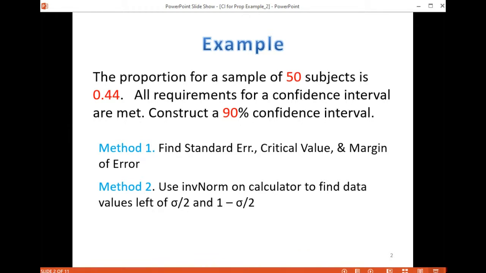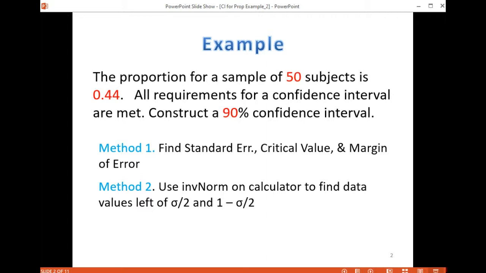Alpha is the margin of 1 minus alpha is the margin of error. So for right now, just write down these values for me. Write down n equals 50, p hat equals 0.44, and CL, which stands for confidence level, equals 90% or 0.90.